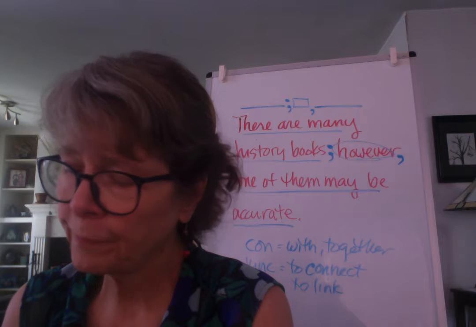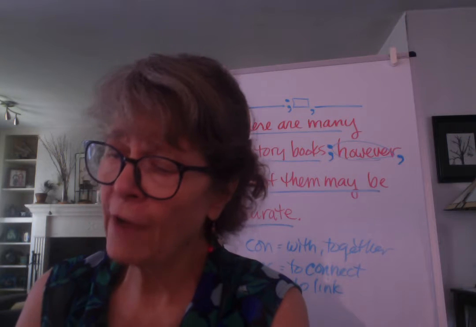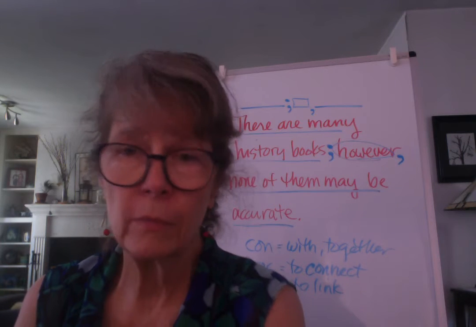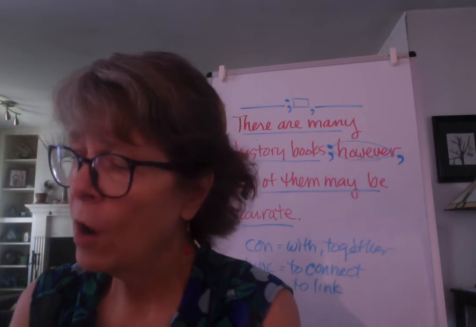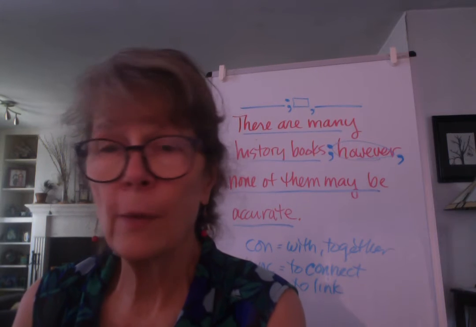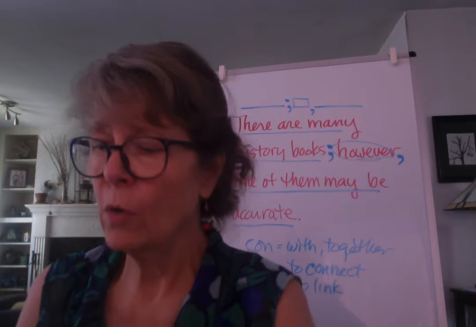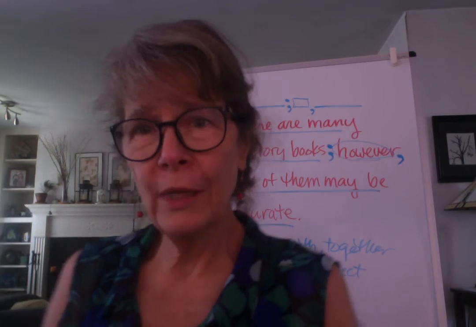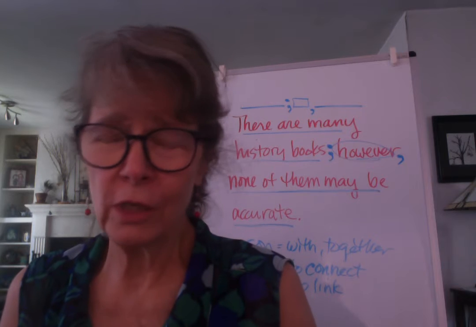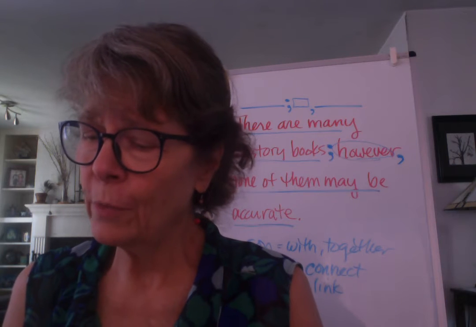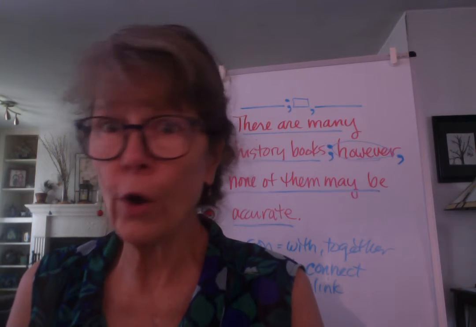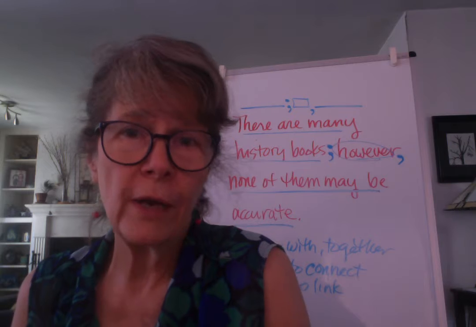Number 1, you need to put more effort into your work. There's one clause, right? The other clause is you won't get a passing grade. So we would normally just think of a coordinating conjunction that would fit here. You need to put more work into your effort or you won't get a passing grade, right?